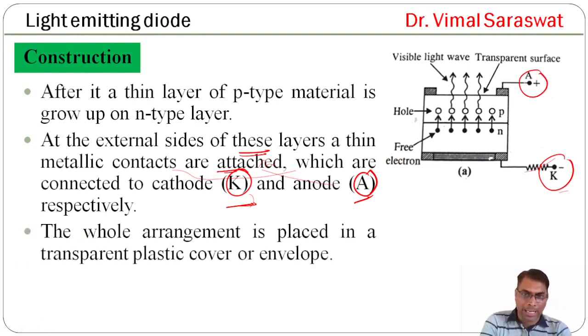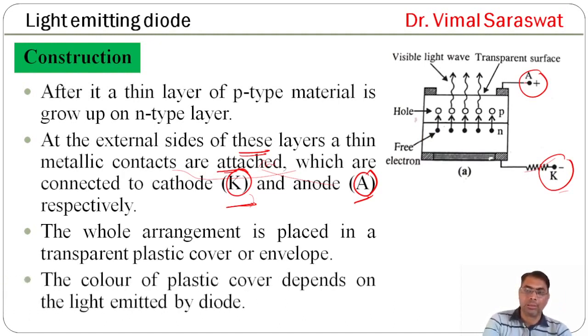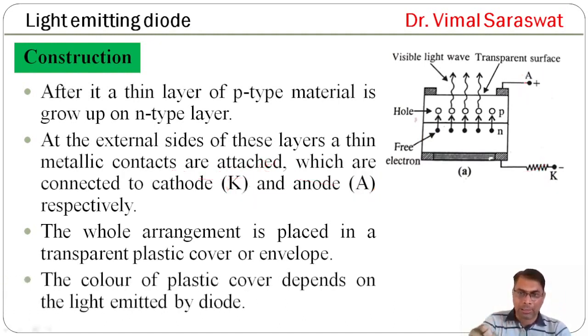The whole arrangement is placed in a transparent plastic cover or envelope. The color of the plastic cover depends on the light emitted by the diode. So which type of light is emitted by the diode? The color of the plastic cover depends on this.